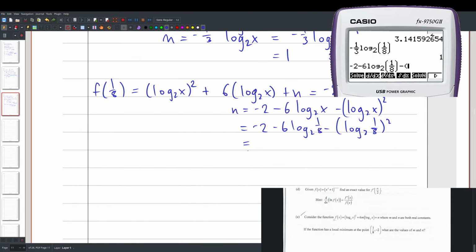But then you also know that, by Vieta's formulae, sine theta plus cos theta equals negative b on a. Sine theta cos theta equals c on a.